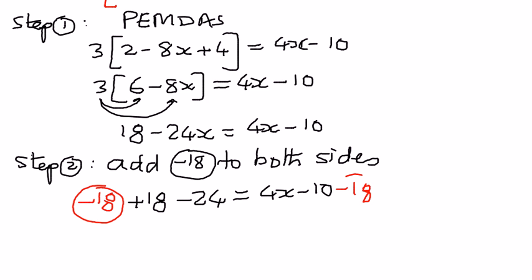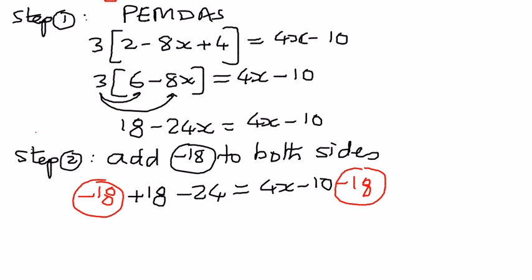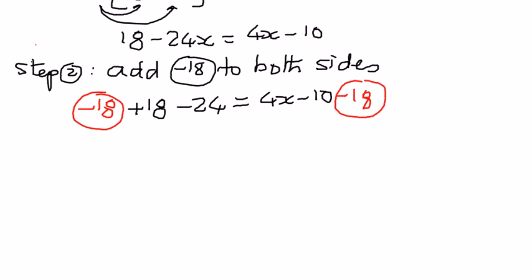I put those numbers what we have introduced in red and also circle them so that we see what is happening. Then the negative 18 and positive 18 cancel out, leaving us with negative 24 on the left hand side is equal to 4x minus 28. So negative 10 plus negative 18 is negative 28.